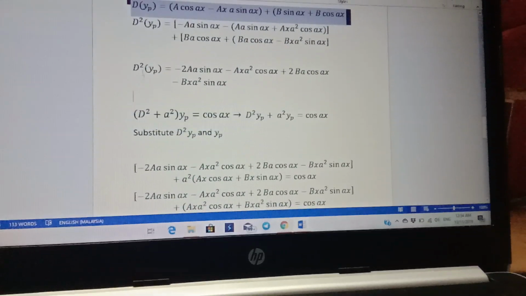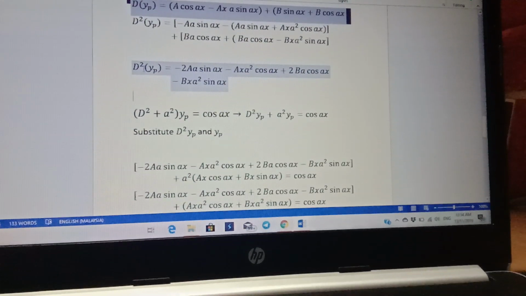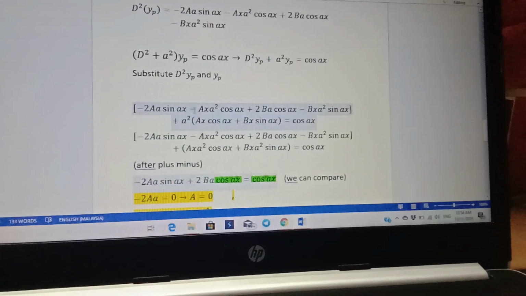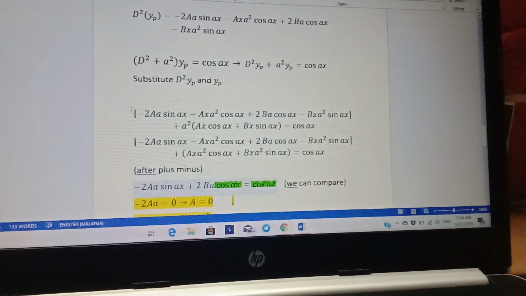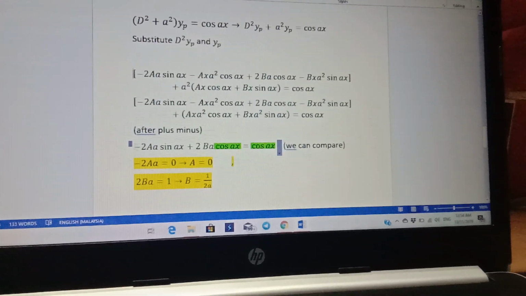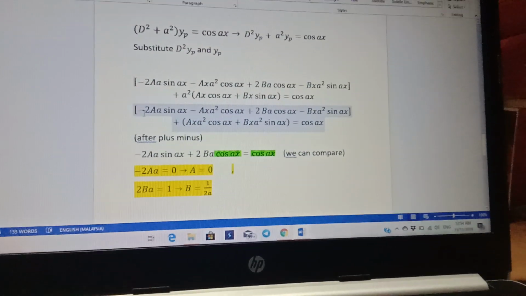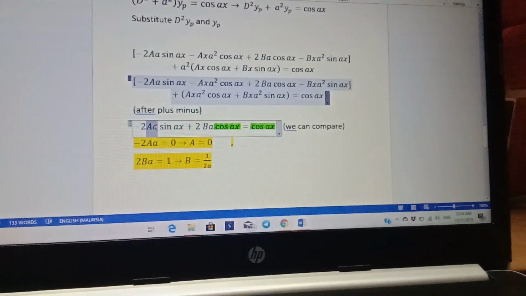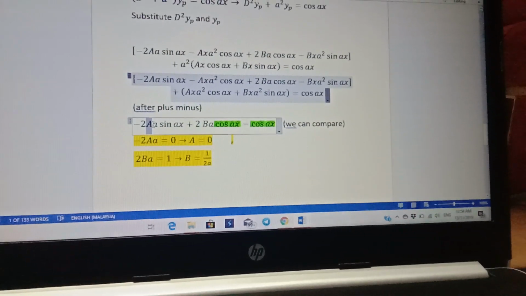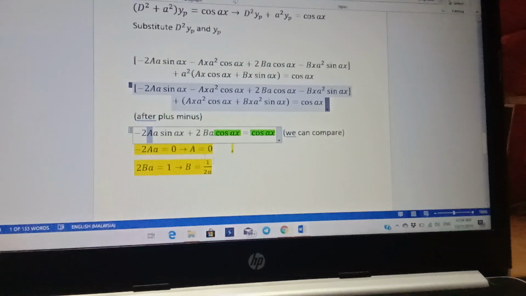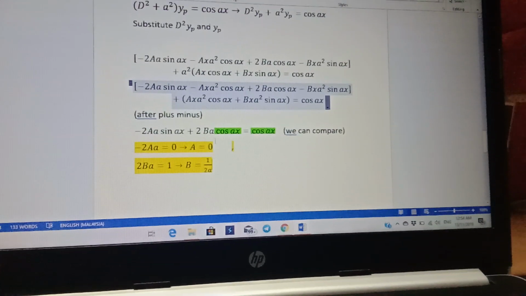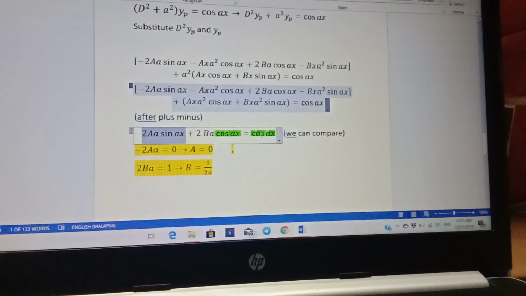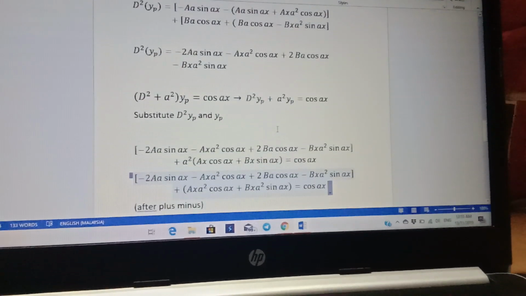Because we have got this, we can substitute it into the equation, and we solve all of it, and after we add, subtract and cancel out everything, we need to find the value of A and the value of B. So we compare with the original equation.